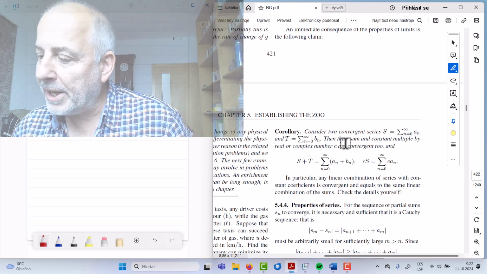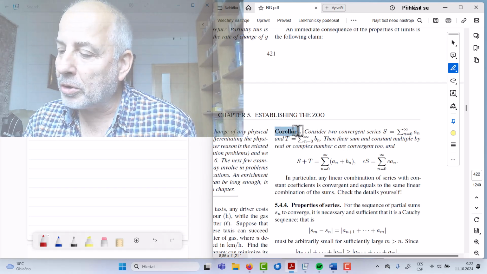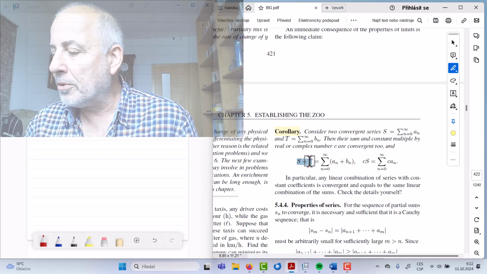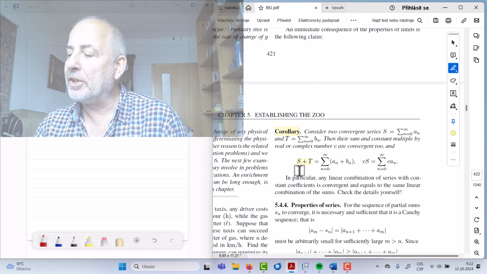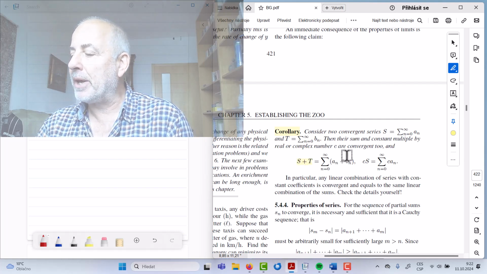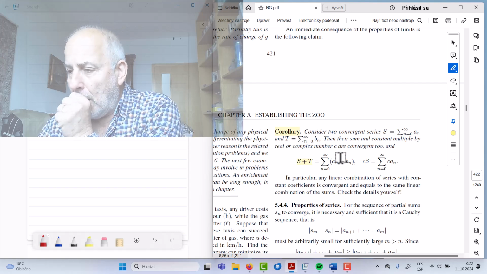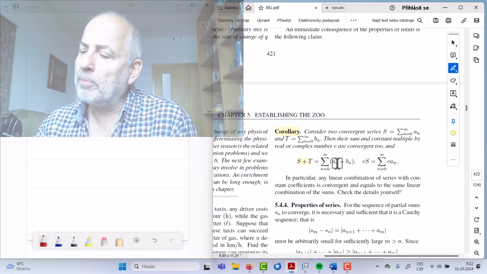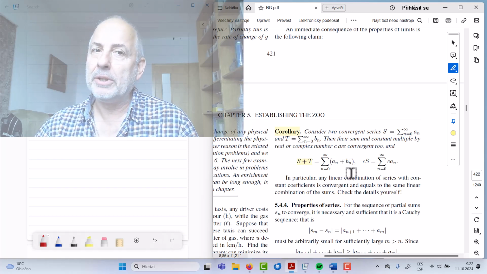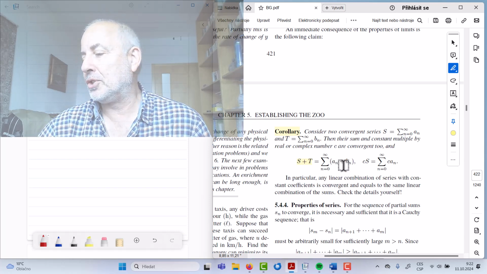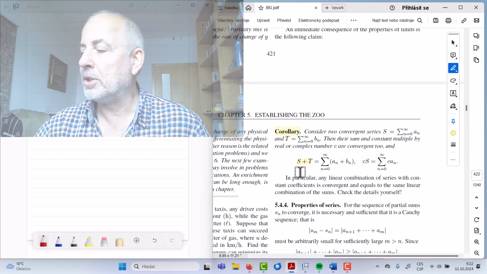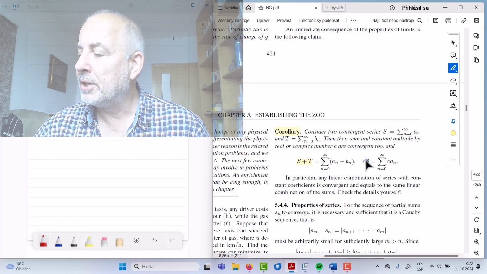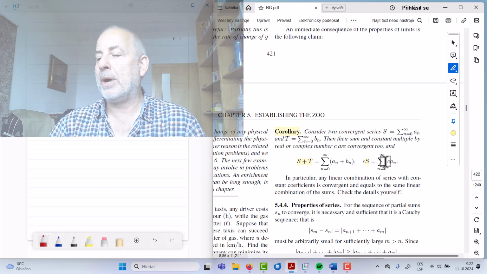So the corollary of the definition automatically is that you can add such infinite sums simply by adding the components, and by the general properties of limits this must hold true. So the sum is obtained as sum, and the scalar multiple is obtained as scalar multiple.